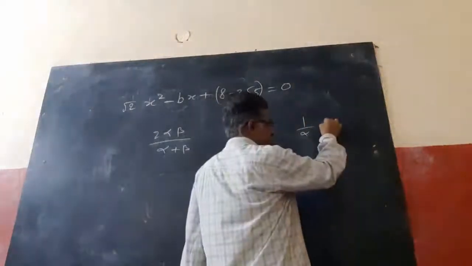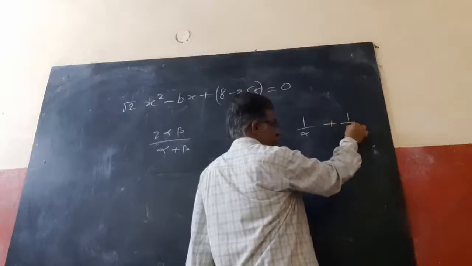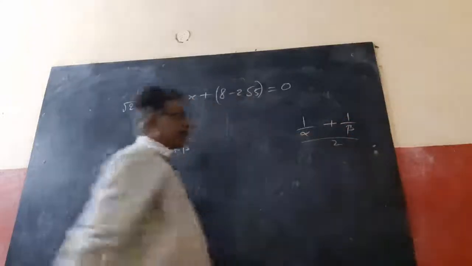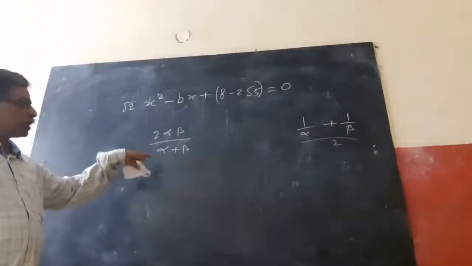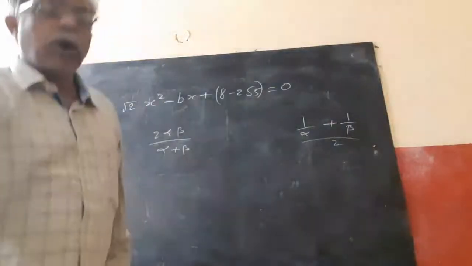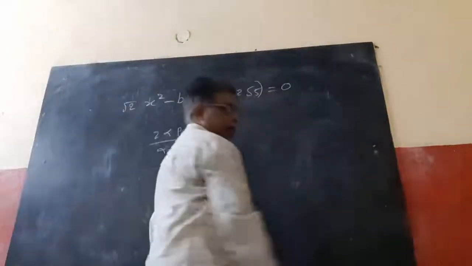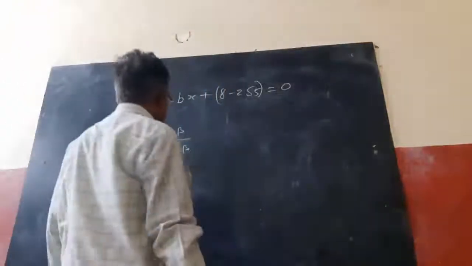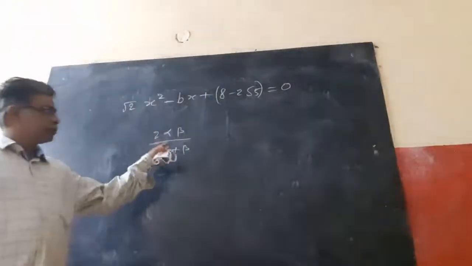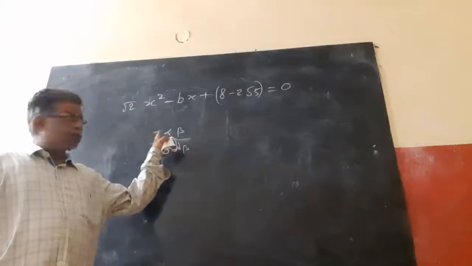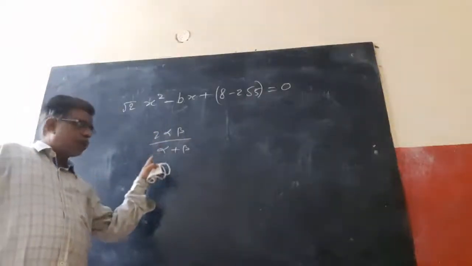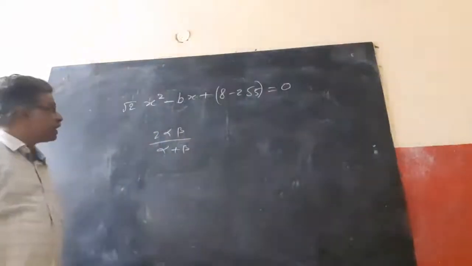Here the reciprocal is 1 by alpha plus 1 by beta, by 2. So by simplifying, you get 2 alpha beta by alpha plus beta. That is, the harmonic mean of alpha and beta is 2 alpha beta by alpha plus beta.